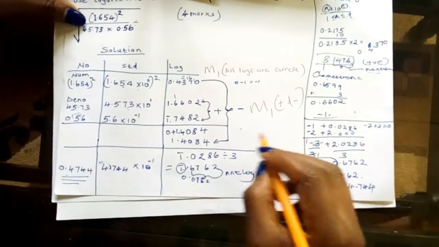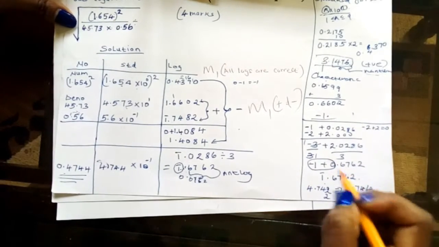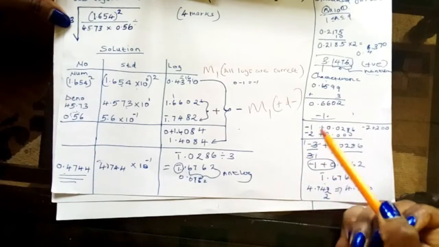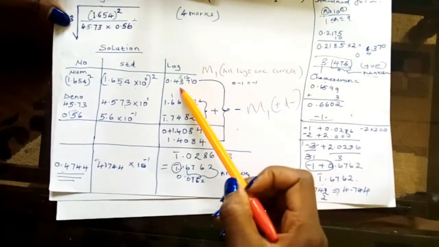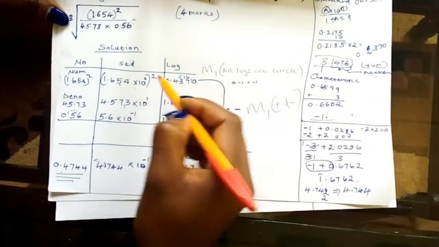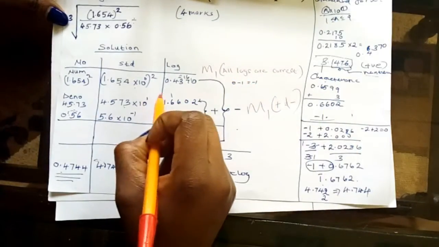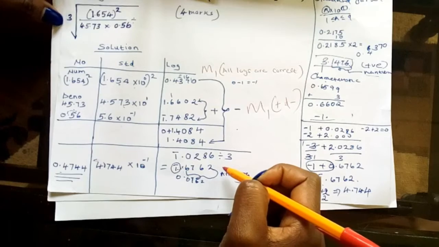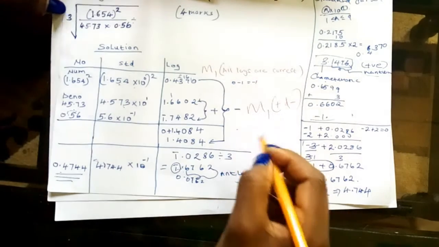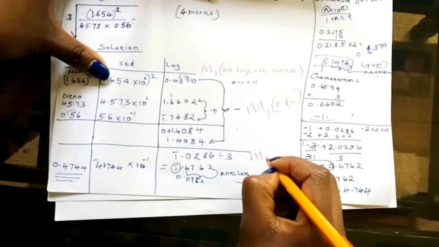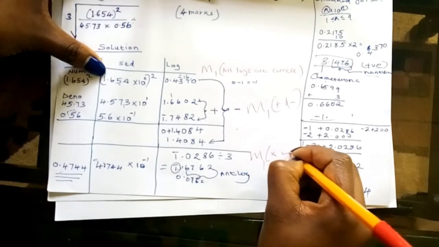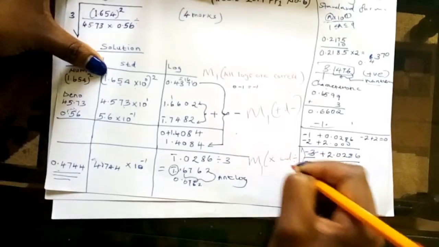The next mark is for the division. How was the division process? Probably where we were supposed to multiply, like in this case, the log we got, we had to multiply. The root means we divide. So the next method mark is for multiplication and division.